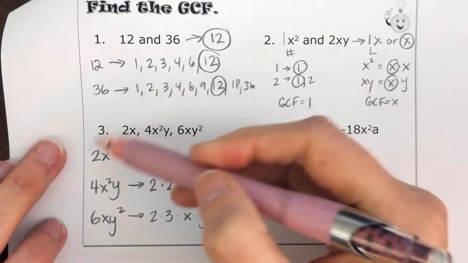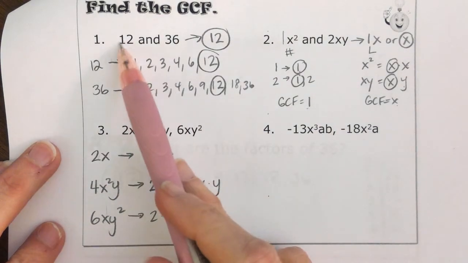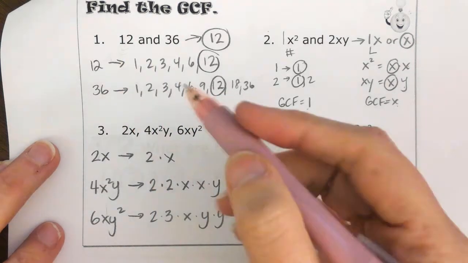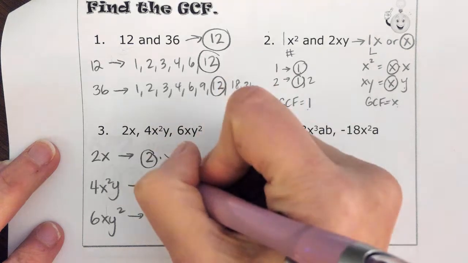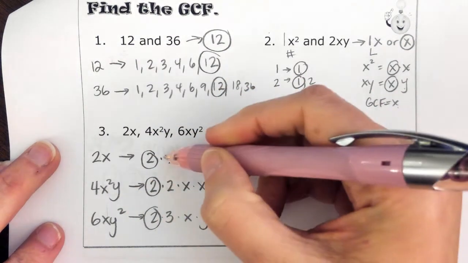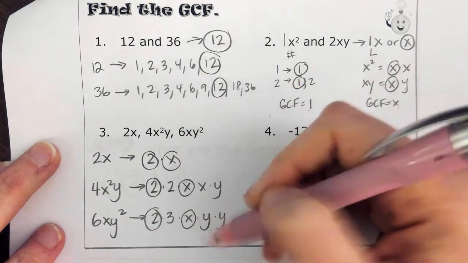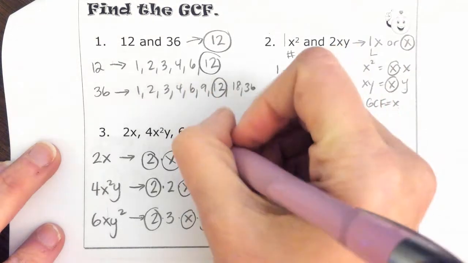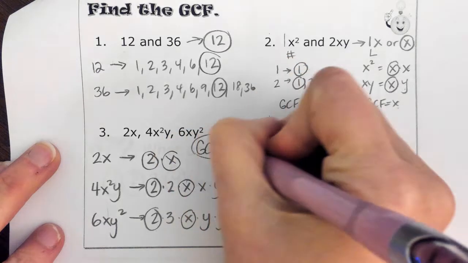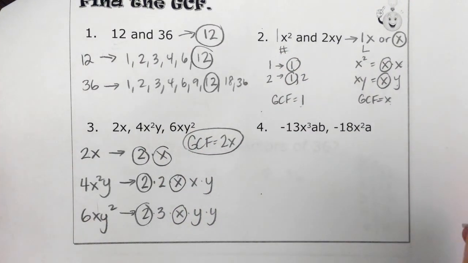Okay, again, all I did was I can kind of already see that they have a 2 in common. Kind of like here, y'all probably already knew without doing any of this that the greatest common factor was 12. So I'm going to look at what number they have in common. They all have a 2 in common, but they don't have any more numbers in common because this one only has 2. They all have an x in common, but they don't have anything else. So for this one, my GCF is 2x. Okay? So far, so good?